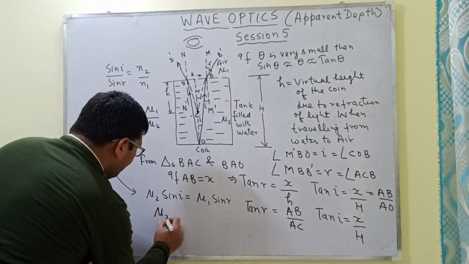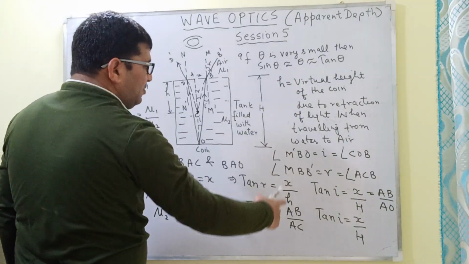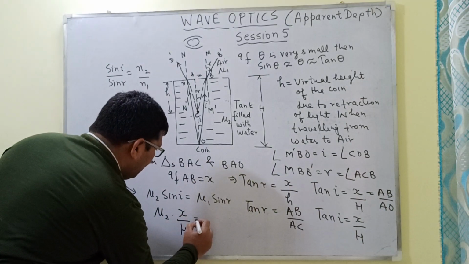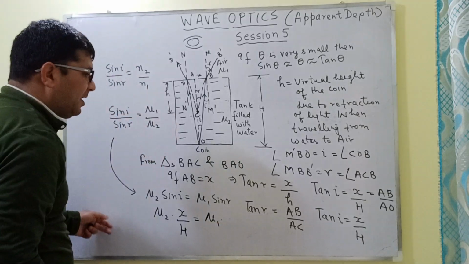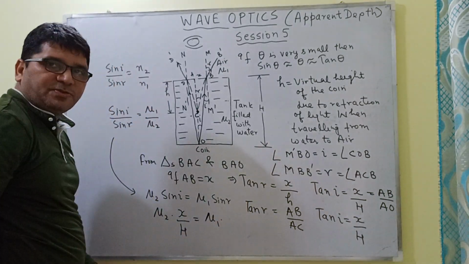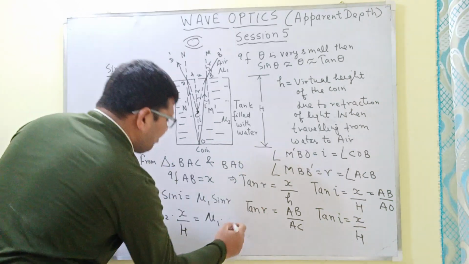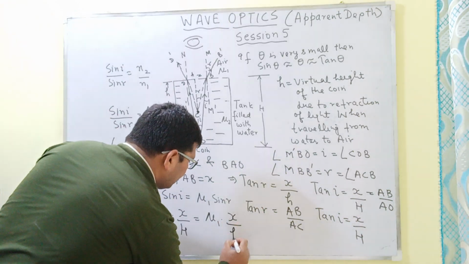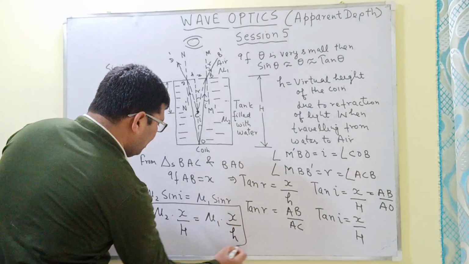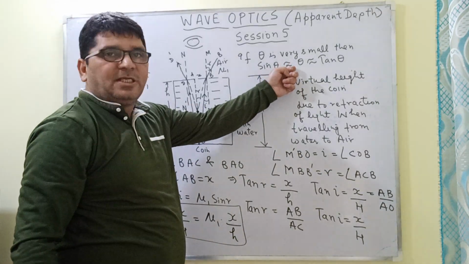So mu2 into sin I: since sin I is approximately equal to tan I, I will be putting here x upon capital H, and mu1 into sin R. Sin R will be equal to x upon h, because sin R will be approximately equal to tan R if theta is very small. So in this case, I will be putting this value as x upon small h. So this is the relation which I have got using the concept of Snell's law and considering that theta is very small.